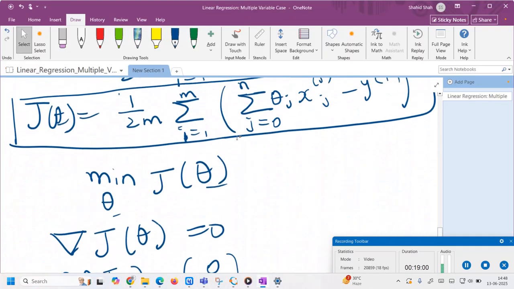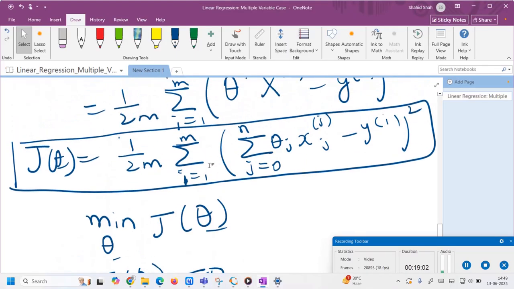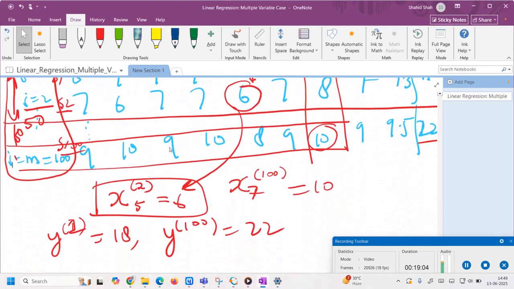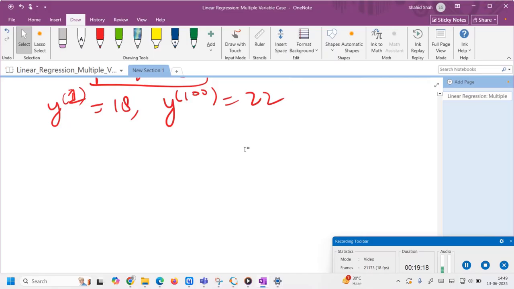Actually I should correct myself. This m is not this m with respect to the algorithm. Rather this m will be 50. So I should write here 2m is equal to 100. So we will take the data set of i equal to 1 to 50 students.